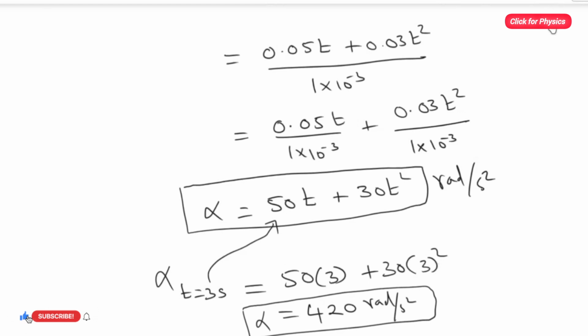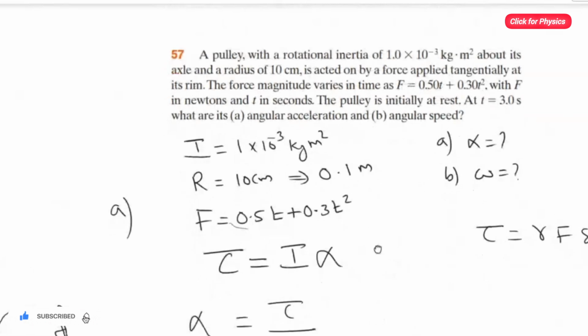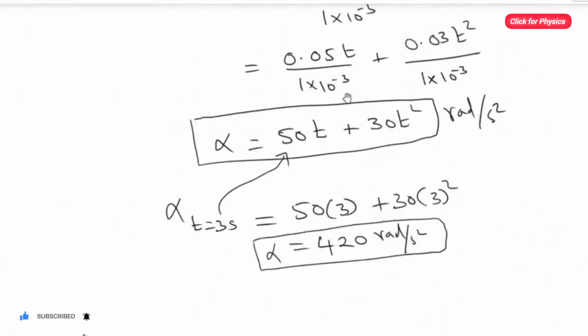Now in the second part, we have to find the angular speed omega. We already have the equation for alpha, right?